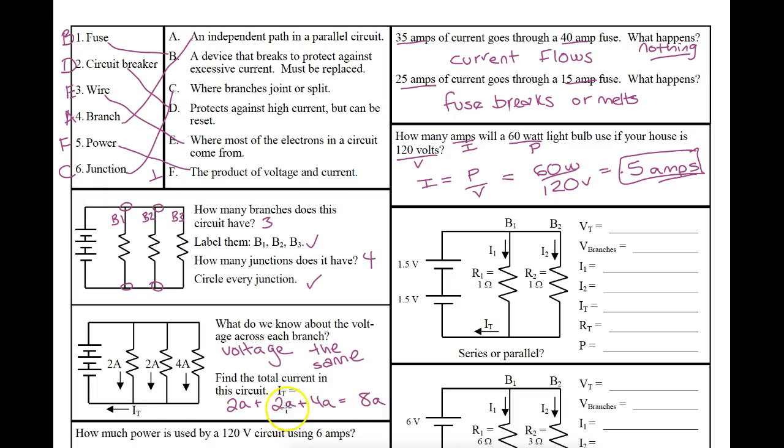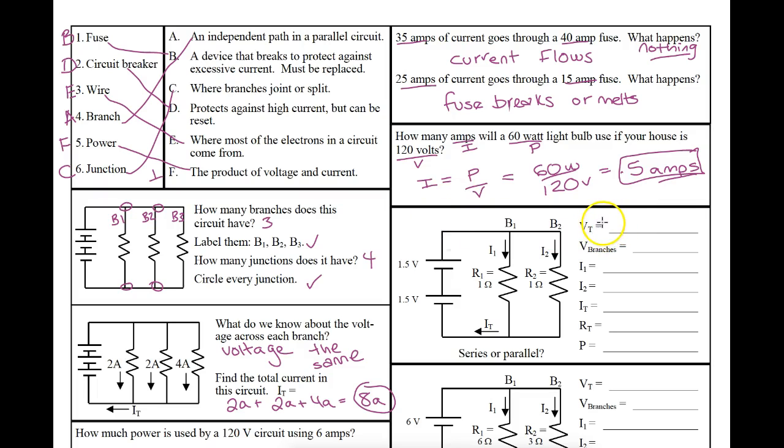The key actually says 6 amps, but that's not correct because it's not 2 plus 2 plus 2, but 2 plus 2 plus 4, if anyone notices that. So it's 8 amps.